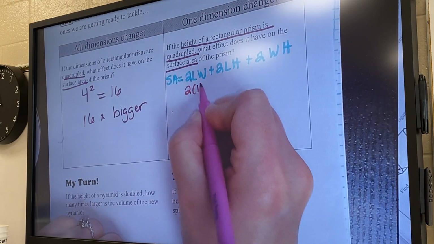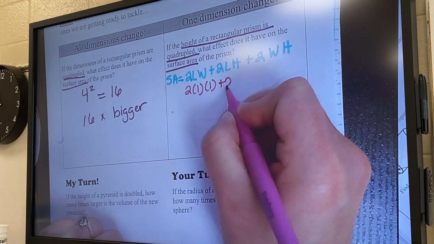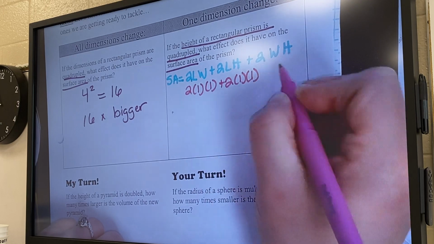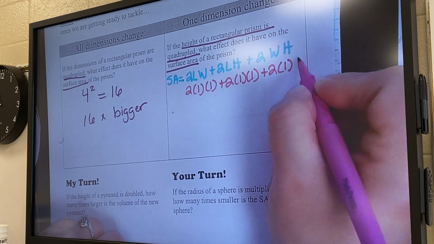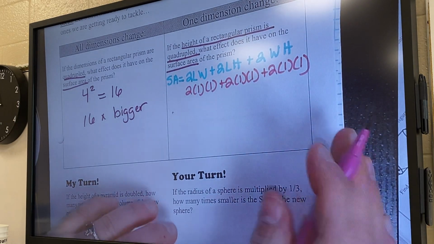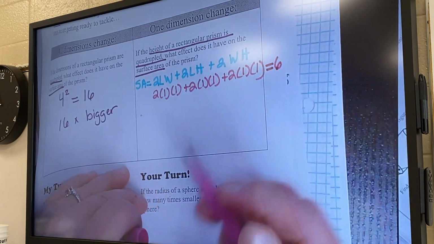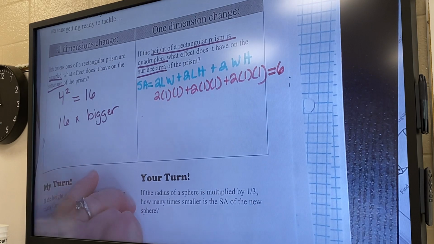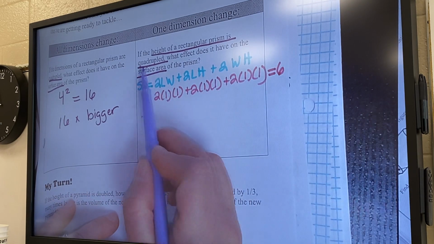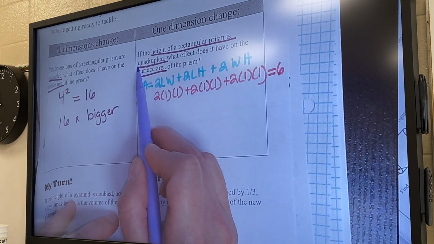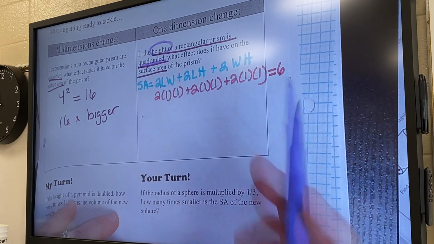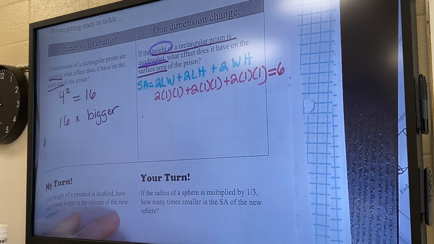So that'd be 2 times 1 times 1, plus 2 times 1 times 1, plus 2 times 1 times 1, and I'm positive you can do that in your head, but what number do you get? 6. The second time we do it, we're going to quadruple the height. So instead of plugging in 1 for the height, what am I going to plug in? 4.